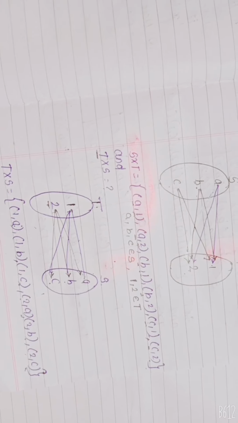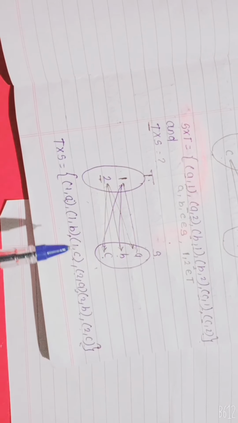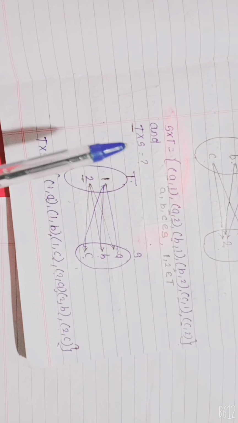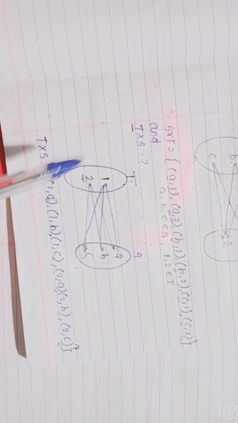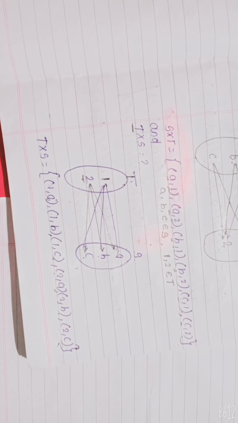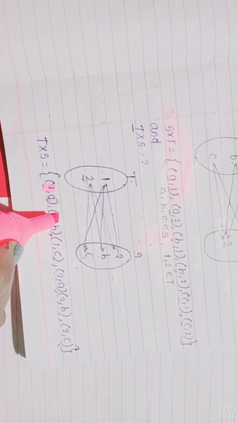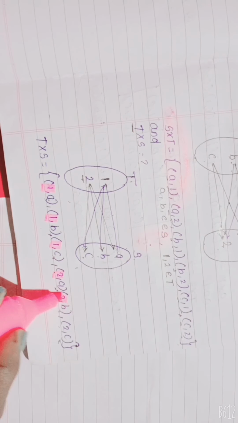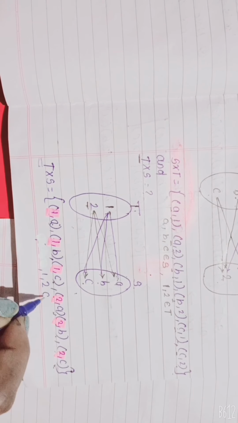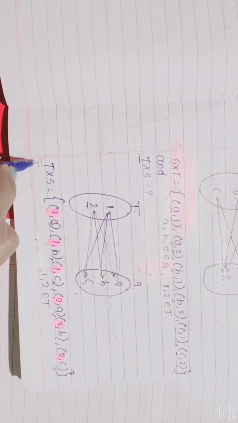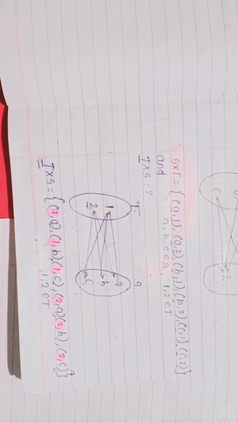In the case of T cross S also, in the Cartesian product T cross S, the first elements here, 1, 1, 1, 2, 2, 2, are all 1 and 2, which belong to T, the first set of the Cartesian product here, right?